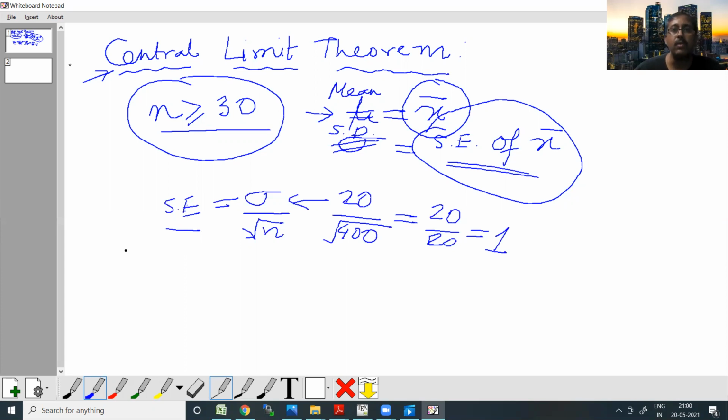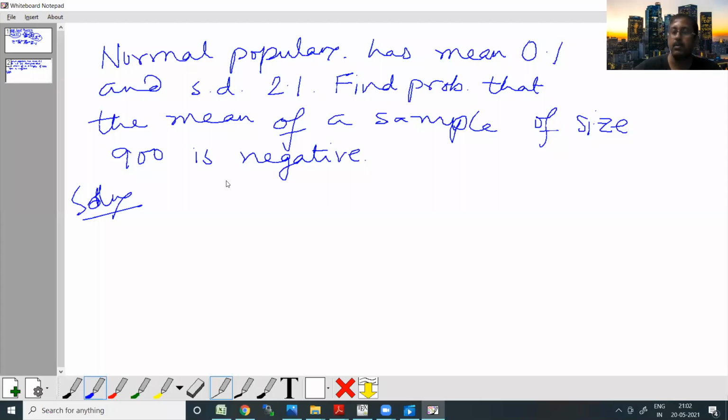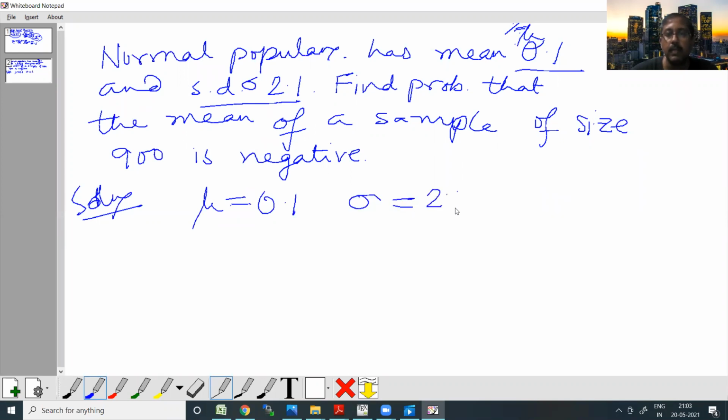Okay, and we'll now look at a couple of problems to help us understand how the calculations need to be done. So the problem goes like this. Say I have a normal population with a mean mu equal to 0.1, and a standard deviation sigma, which is the population standard deviation, equal to 2.1.